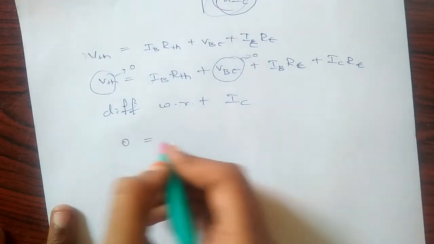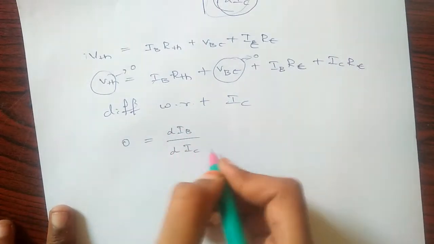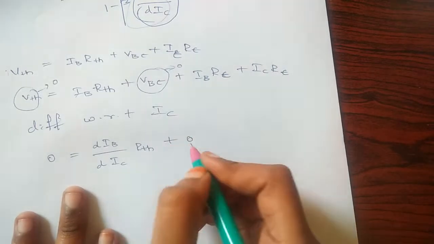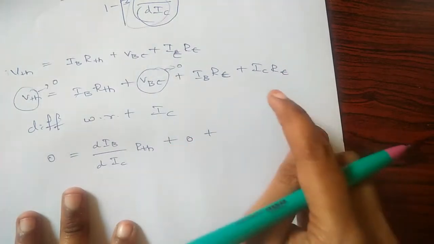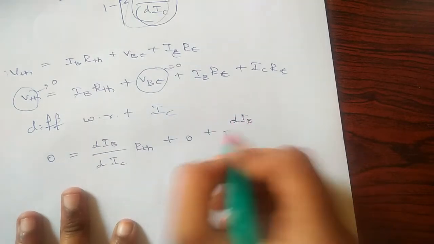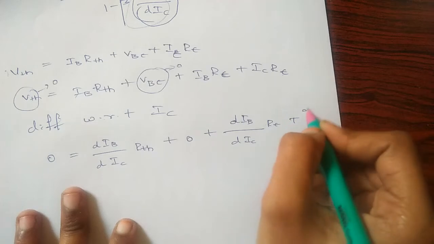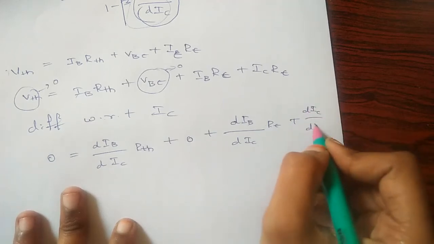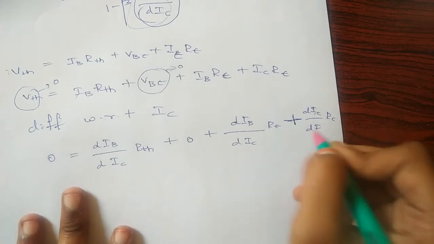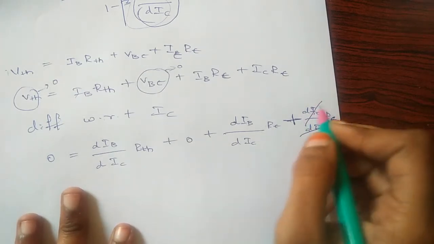Then we get 0 is equal to dIB/dIC into RTH plus 0 plus dIB/dIC RE plus dIC/dIC into RE. Here dIC by dIC cancels.